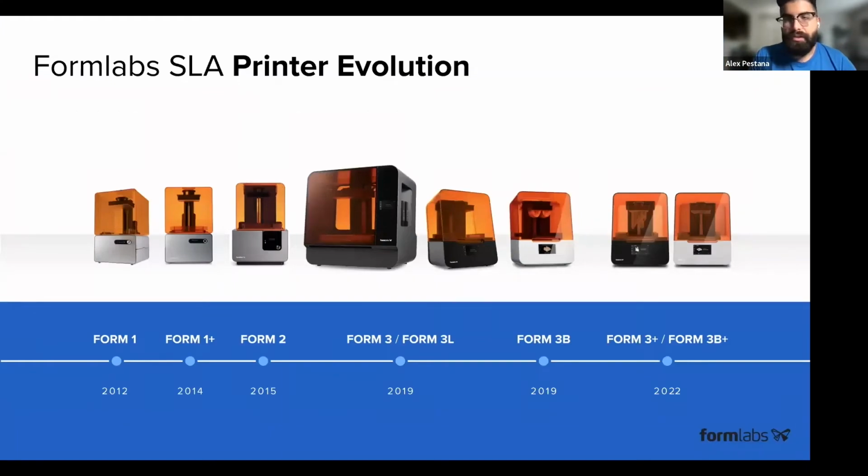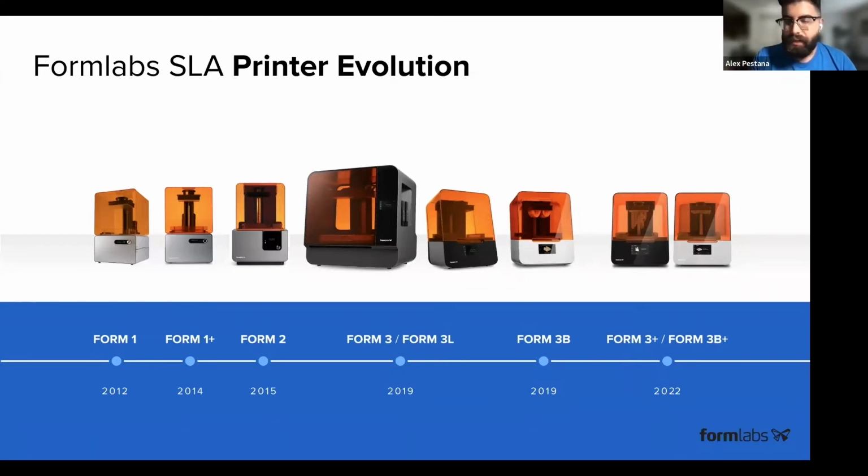So just jumping right into it with SLA, and just to give you all a brief history lesson on the evolution of our SLA product lineup. Like I said, we've been doing this for about 10 years. It all started in 2012 with Form 1. Form 1 was a product that was started on Kickstarter, and the rocket ship took off from there.